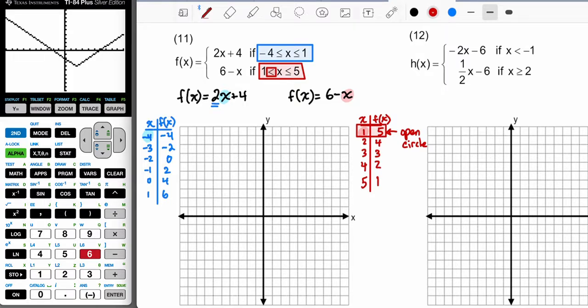All right, so we plot -4, -4, -3, -2, -2, 0, -1, 2, 0, 4, 1, 6. These are all good points, solid points.